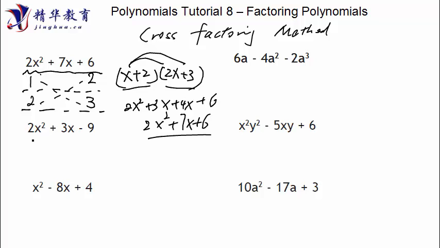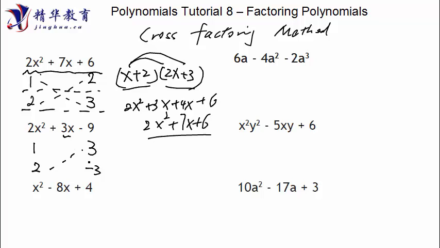Here, looking for two numbers that multiply to equal this, 1 and 2. Looking for two numbers that multiply to equal this. So one is 3, the other one must be negative 3, because they multiply to equal negative 9. So 2 times 3 equals 6. 1 times negative 3 equals negative 3. 6 plus negative 3 equals 3.